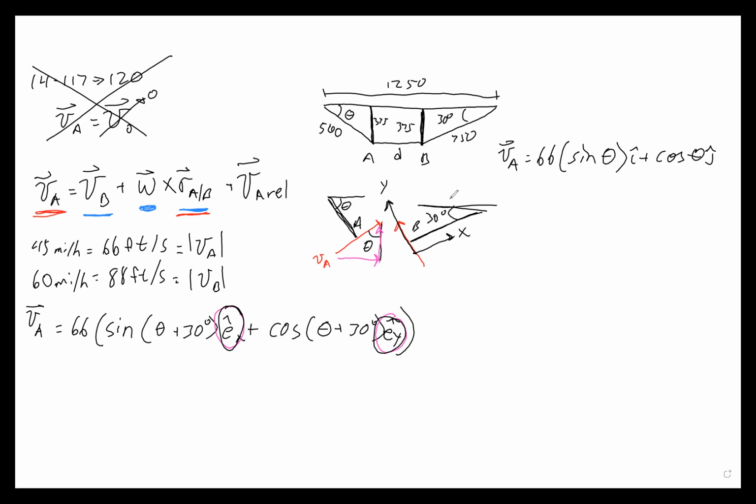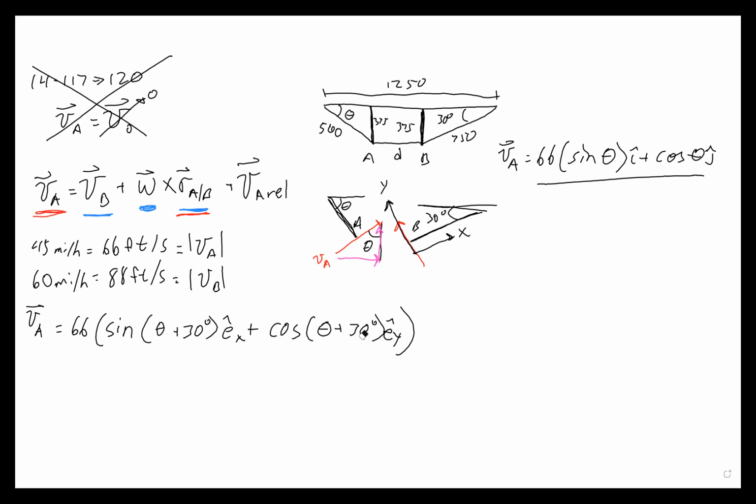And we need to add this orientation onto the i hat and j hat version so that we can convert to an e hat x and e hat y version, which is where the plus 30 is coming from. I hope that makes sense. Okay, I know that's tricky. I know that can be a little complicated.